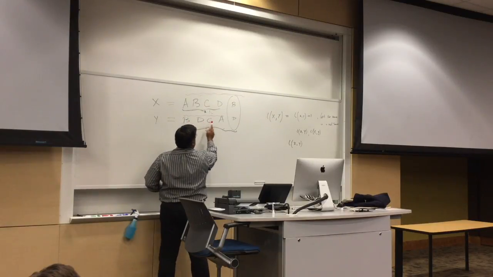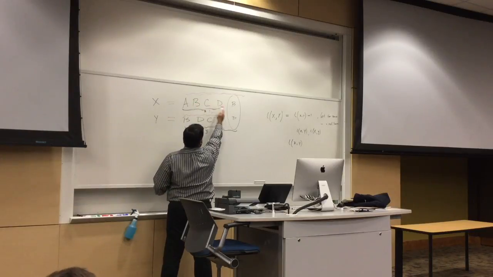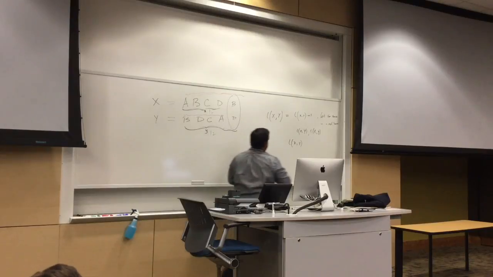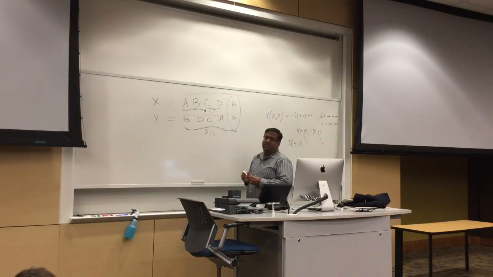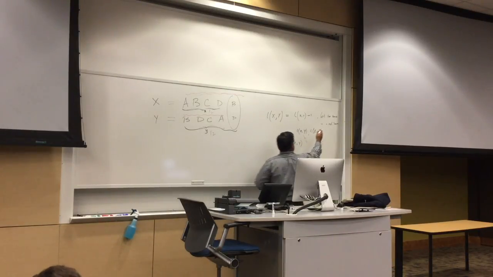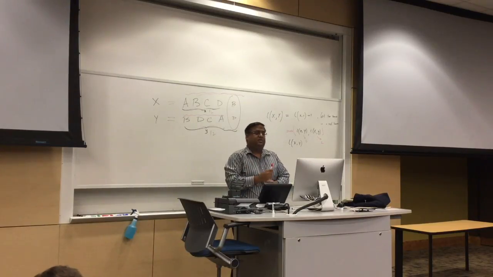You got B, C, that's it, and then you got B, C, right? So this is 2, but this is big X, little y. The lowercase x and big Y gives you 3, and this gives you 2, right? And so, when the last characters are not the same, then you take the max of these two values. Does it make sense? Yeah.